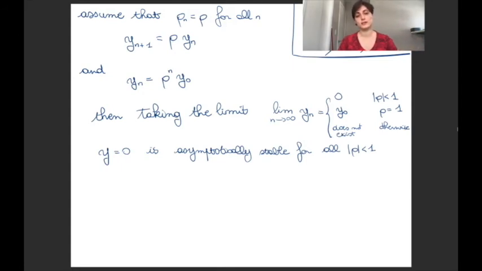For any y_0, as long as rho is in absolute value smaller than 1, y equal to 0 is asymptotically stable. Everything tends to it. You can imagine that as saying that the population is decreasing every single year. That is what rho smaller than 1 is telling you. So at some point, you're going to have no population left.